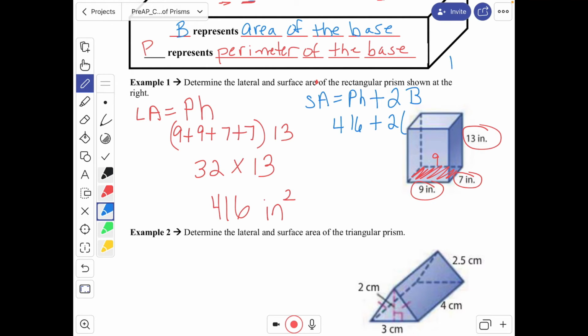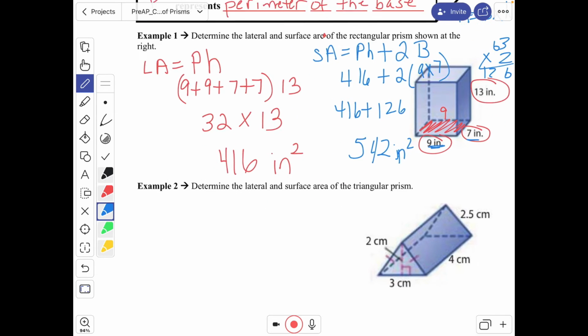We find area of the base by multiplying the 2 sides, so 9 times 7. And 9 times 7 is 63. And then 63 times 2 would be 126. So this is 416 plus 126. And that gets me 542 inches squared, or square inches.